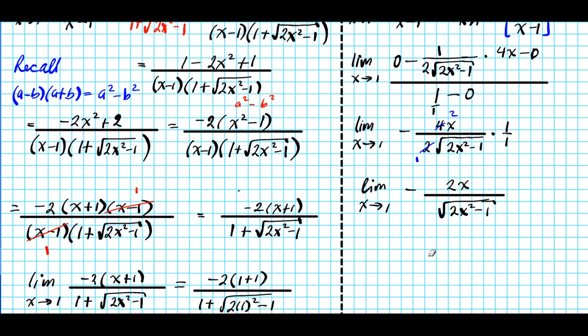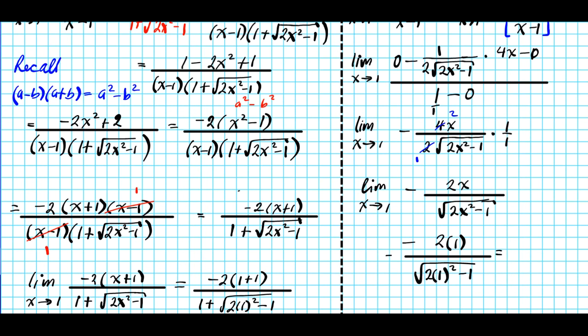Now we're going to evaluate the limit again. We're going to substitute again and see what we get. So when we plug in 1, we're going to have negative 2 times 1 for the numerator divided by the square root of 2 times 1 squared minus 1.